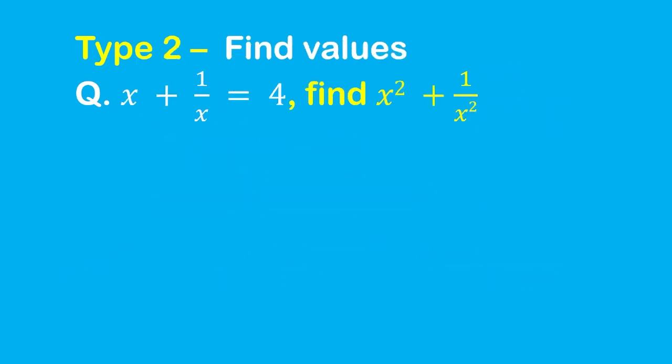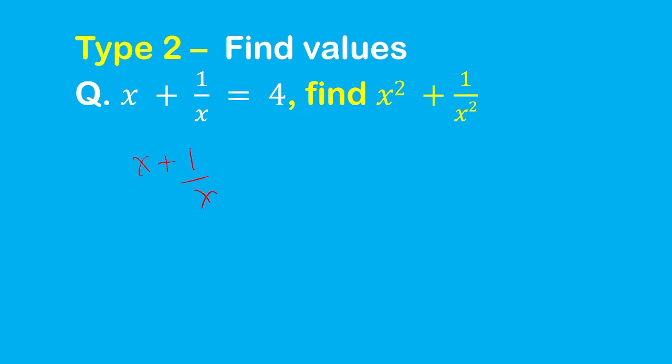The second type of question is pretty tricky. x + 1/x is given. You have to find x² + 1/x², or x⁴ + 1/x⁴. So what you have to do basically is square on both sides, right?